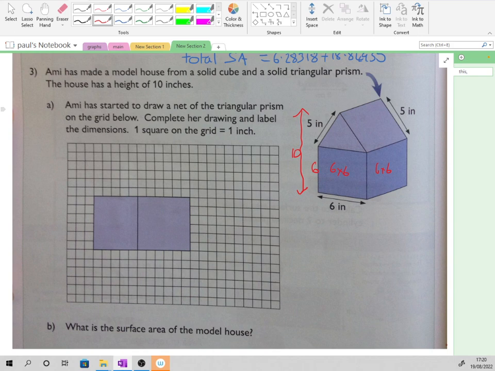Have we got to draw a triangular prism on the grid below? And this is 1, 2, 3, 4, 5, so 5 by 6. So this is part of the roof. So we've got a side and a roof, and we need another. If I'm going this way, that and that. Now the next one to draw is the bottom, which is 6 by 6 again. So this is not all going to fit, is it?